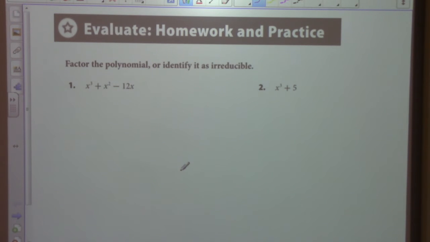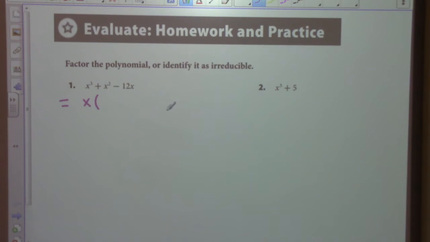So for problem 1, what would we do first in this problem 1? What will we use first? I told you today, and Friday, and Thursday to look for first.